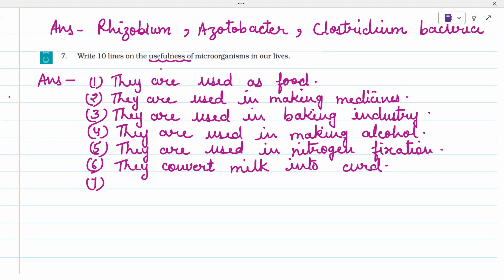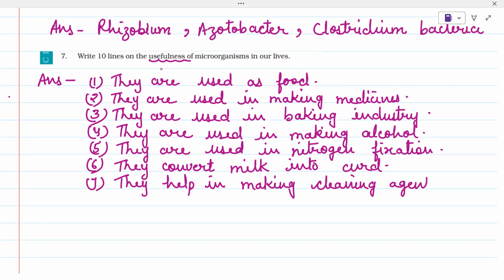So we can write down, they help in making cleaning agents as they decompose the dead organic matter, right? They decompose the matter, right?